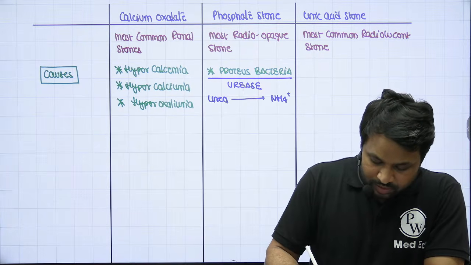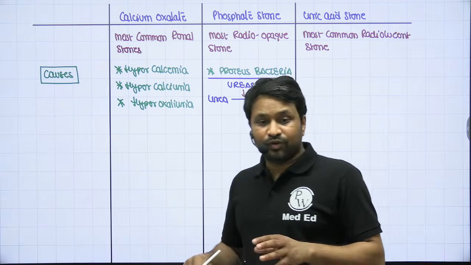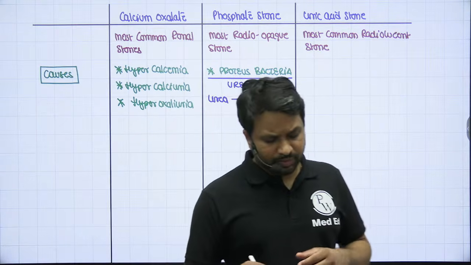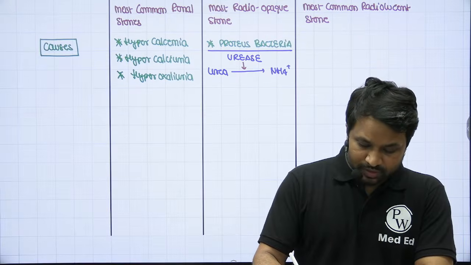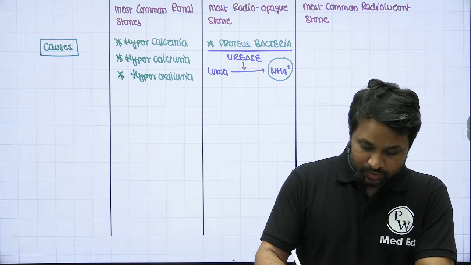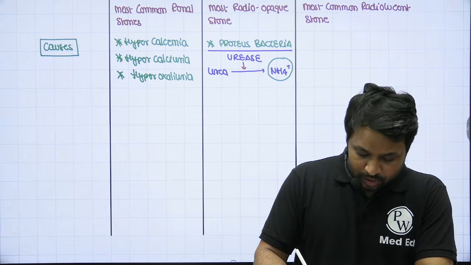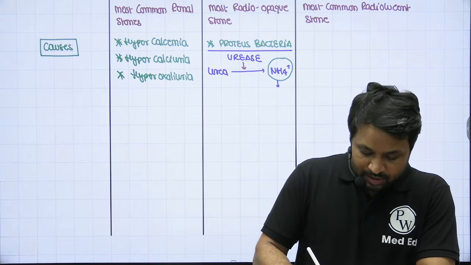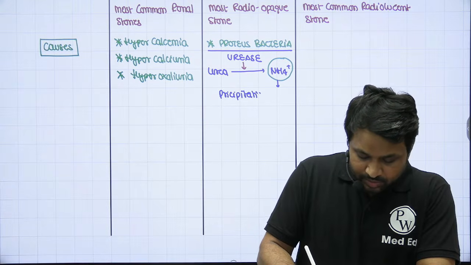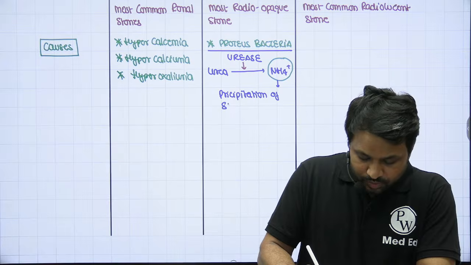It converts the urea into ammonia, and obviously ammonia is going to be soluble and it is going to combine with the urine also. Now because of this ammonia that is being formed, it will result in alkaline urine. Now because of ammonium crystallization, it will result in precipitation of stones.